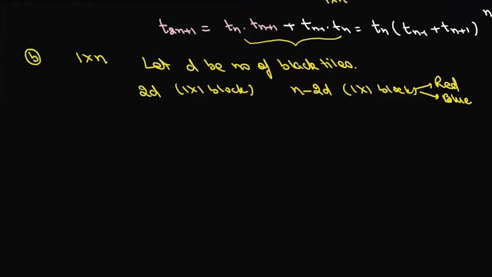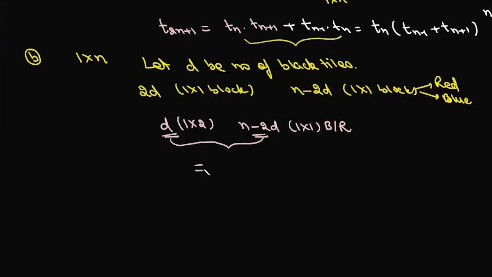So what we have here is d tiles which are black, whose dimensions are 1 cross 2, and we have n-2d tiles of dimension 1 cross 1, which are either blue or red. So now we have d 1 cross 2 black tiles and n-2d 1 cross 1 tiles, and we have to arrange them in a row.